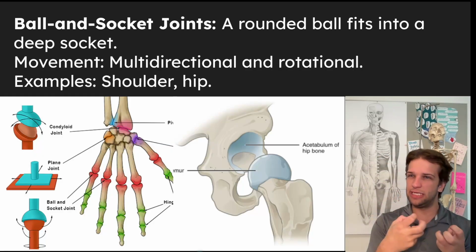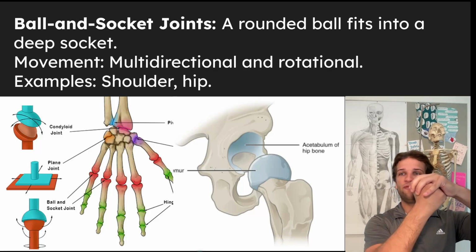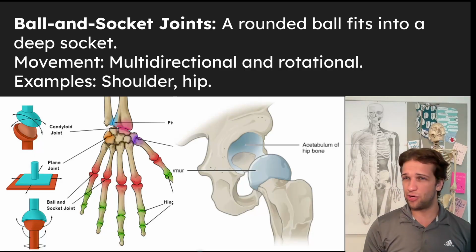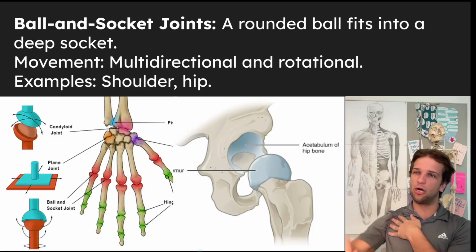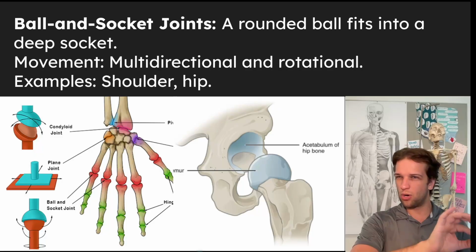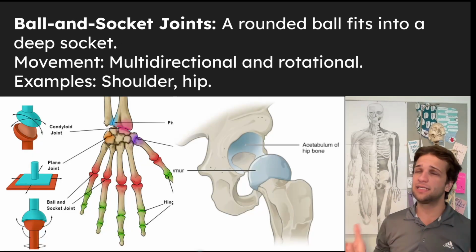A divot, an indentation in another bone. And that's what allows one to move in the other. And it's going to be multi-directional, including rotation. So it's the addition of the rotation here. It's the ability to do arm circles that gives this ball and socket a little bit more than the condyloid had before. And that is it for this standard.